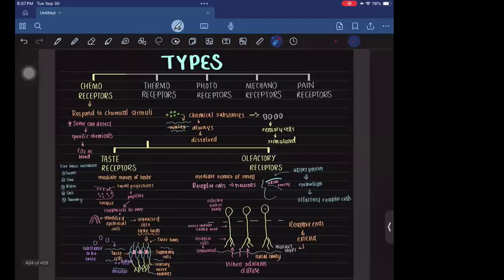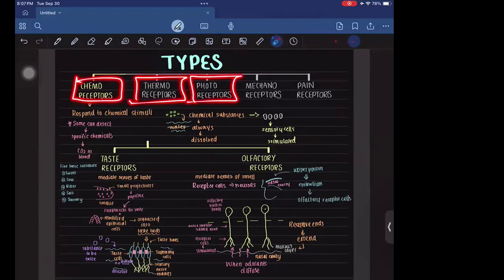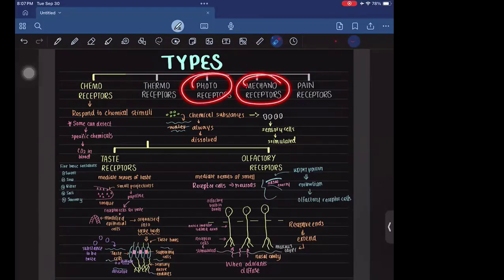Okay, so now we are going to be moving to the most important part, which is usually questioned, and that is the types of sensory receptors. We have 5 types of sensory receptors: chemoreceptors, thermoreceptors, photoreceptors, mechanoreceptors, and pain receptors. What are the 5 types? Chemoreceptors, thermoreceptors, photoreceptors, mechanoreceptors, and pain receptors.